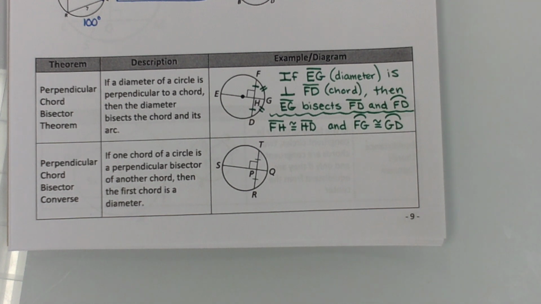Now we also have its converse. The converse is the reverse. It's the one that works backwards. It says that if one chord of a circle is a perpendicular bisector to another chord, then the first chord must be a diameter.